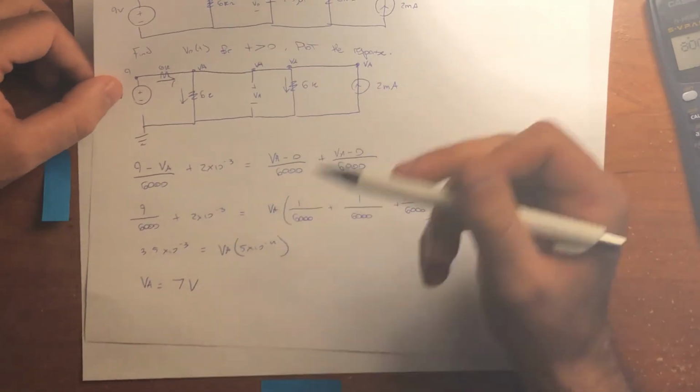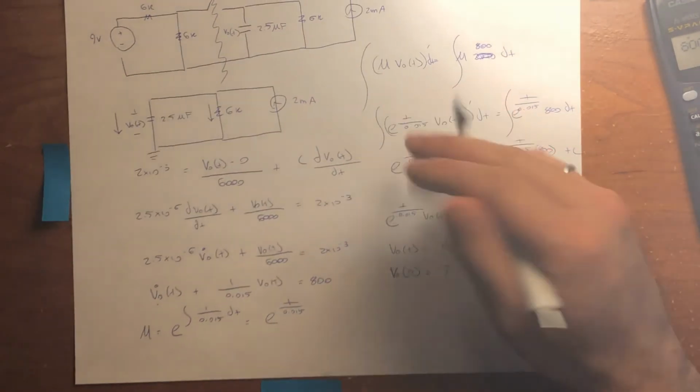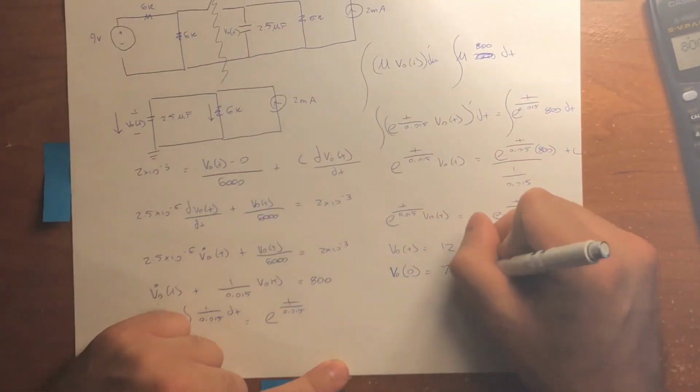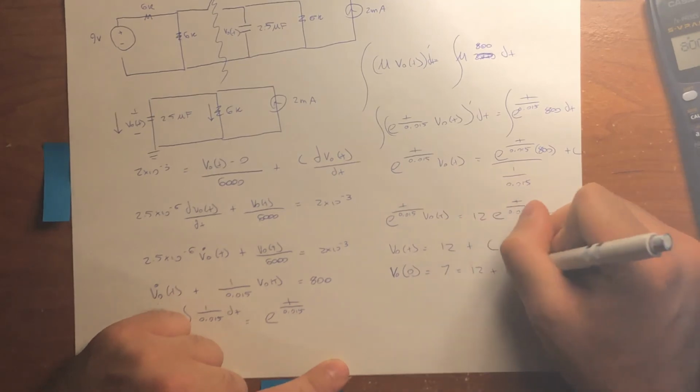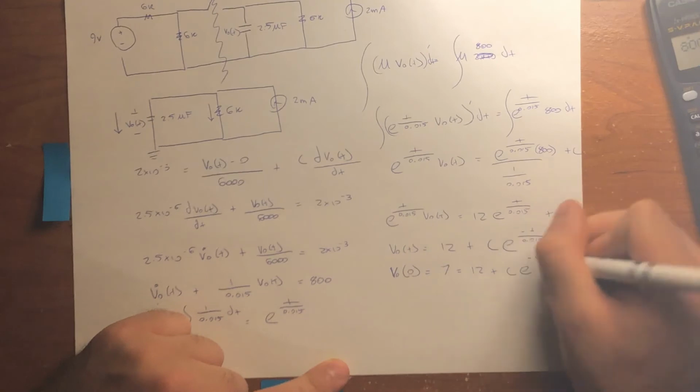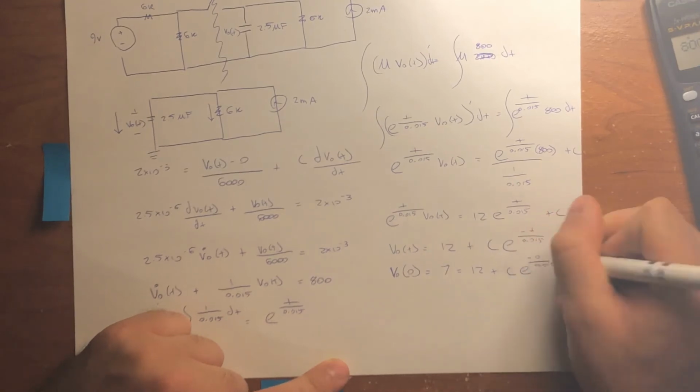So when the switch is just opening up, we say v naught at 0 is 7, and that equals 12 plus c e to the power of 0 divided by 0.015, since t is 0.